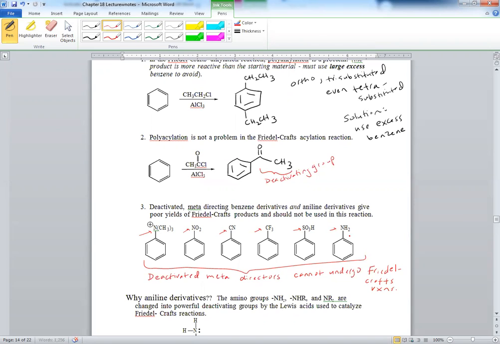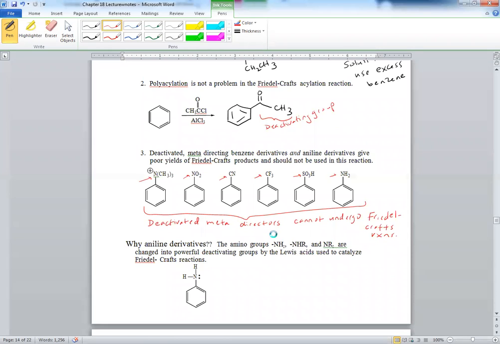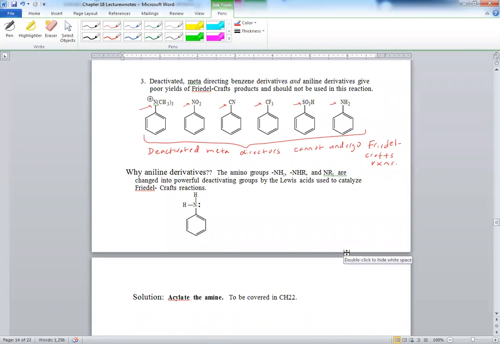Now, aniline is a different issue. So let's talk about aniline. You say, okay, well, that's not actually a deactivating group. It is not. So once again, if we go back and look here, amine on aniline is strongly activating. So what is happening here? How come that's lumped in with those other ones? And the answer is quite straightforward.